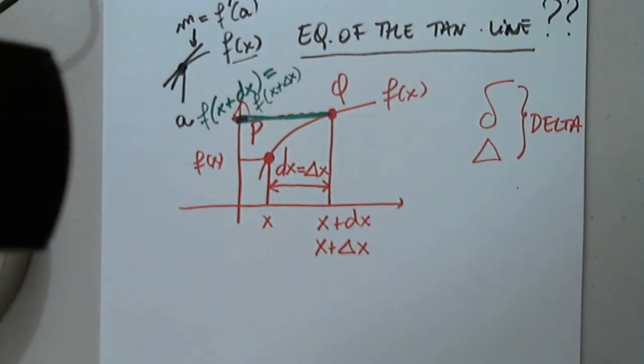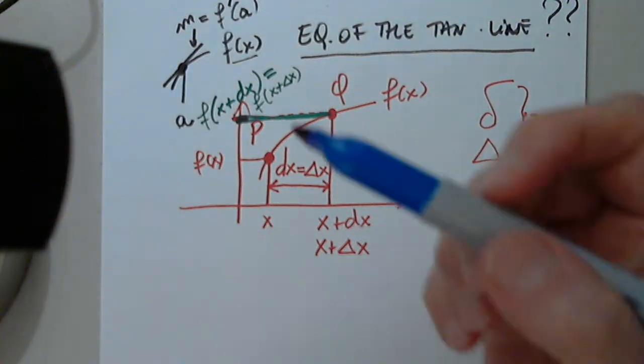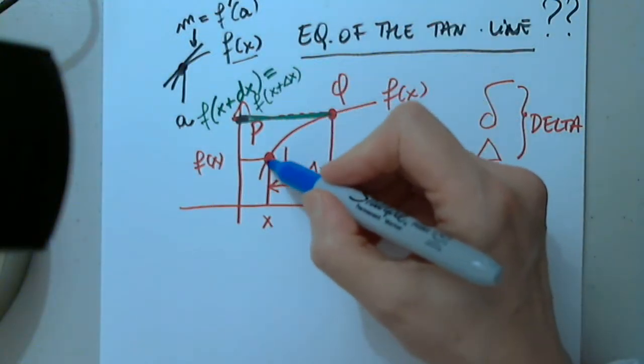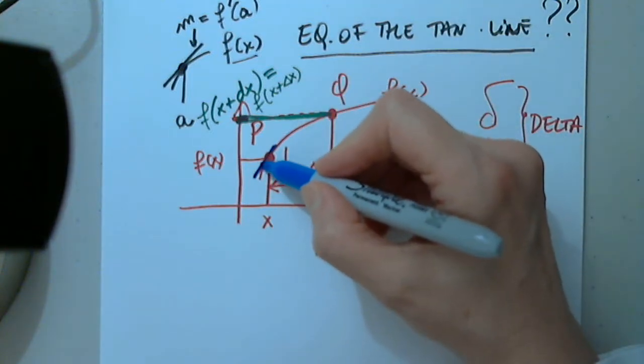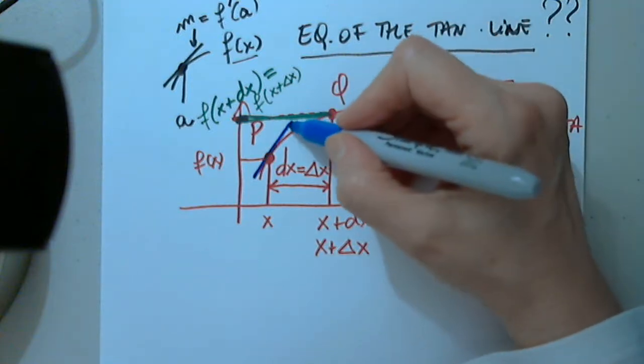Okay, so now, of course, you know what I'm going to do next. I'm going to draw a tangent line at P, but I'm going to extend this line.